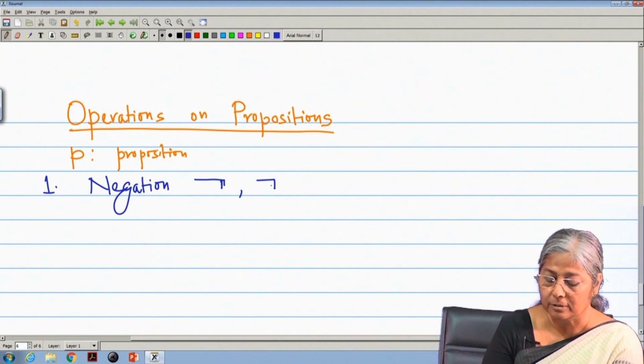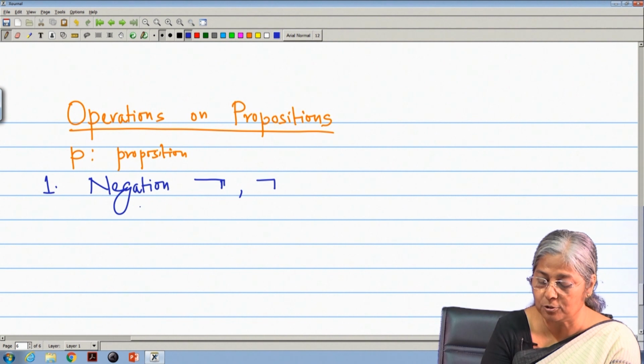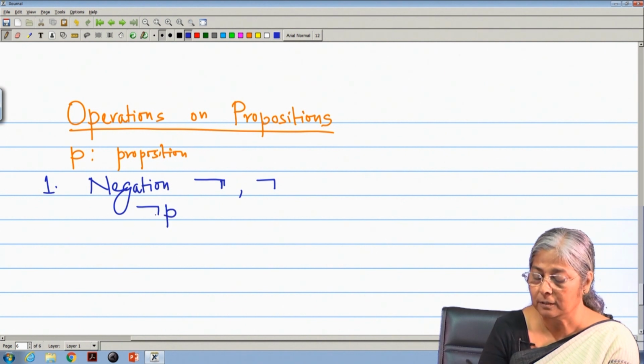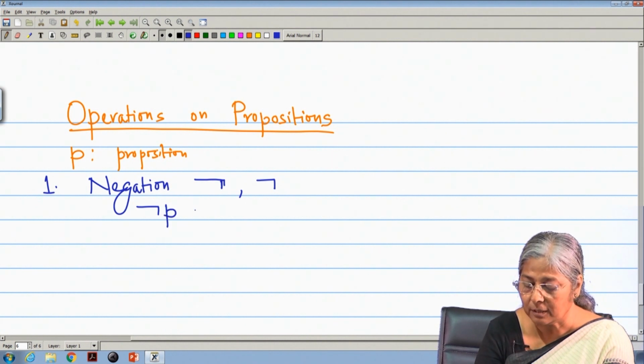That means, if P is a proposition and I write negation P, it is read as not P.